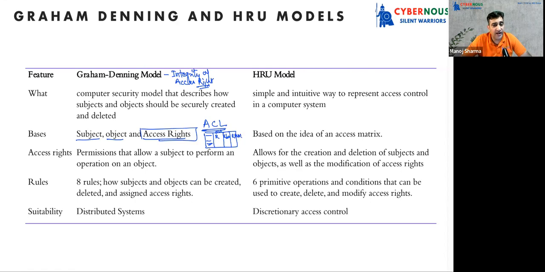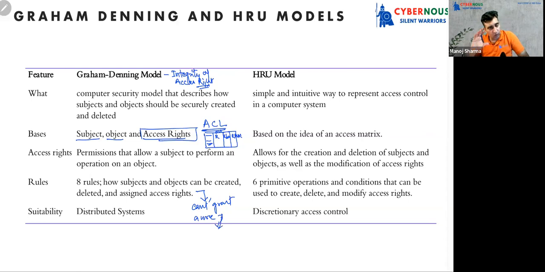There are a total of 8 operations which can happen through the Graham-Denning model, which include creation of an object, deletion of an object, and assigning different rights. But in this, we cannot grant a user the power to alter another user.